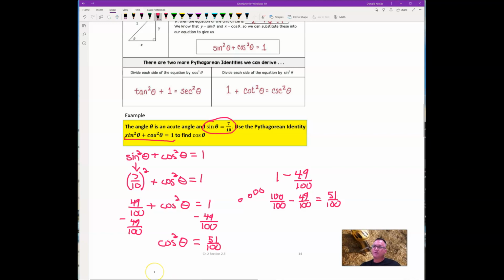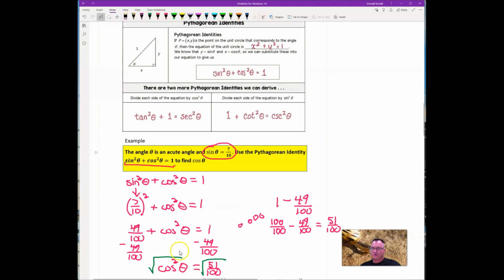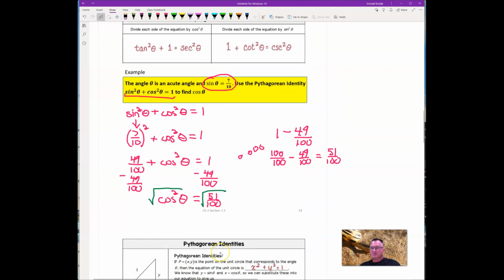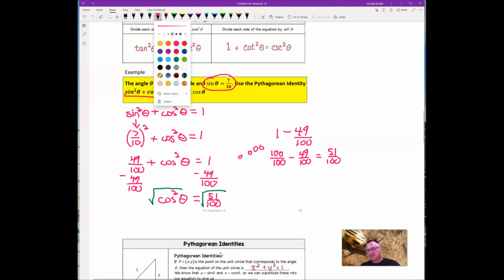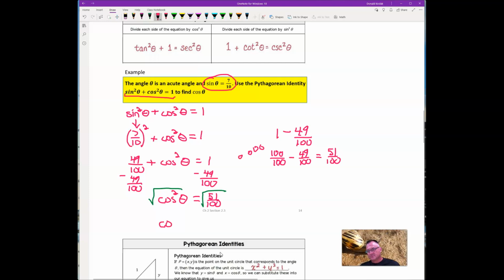Now take the square root. Square root of cosine squared, square root of 51 over 100. The square root of cosine squared is just cosine, so that exponent of 2 and the square root sign undo each other.